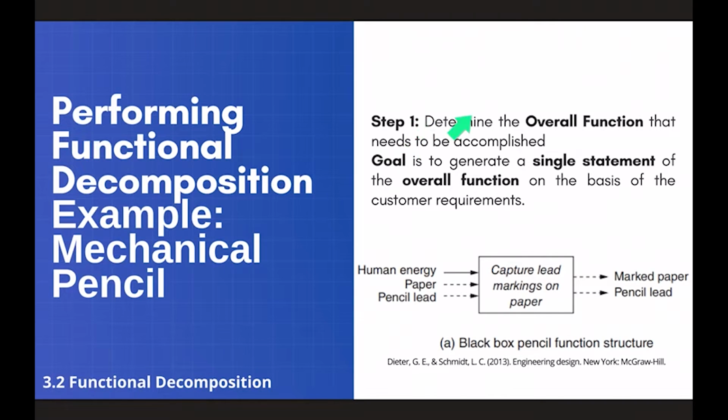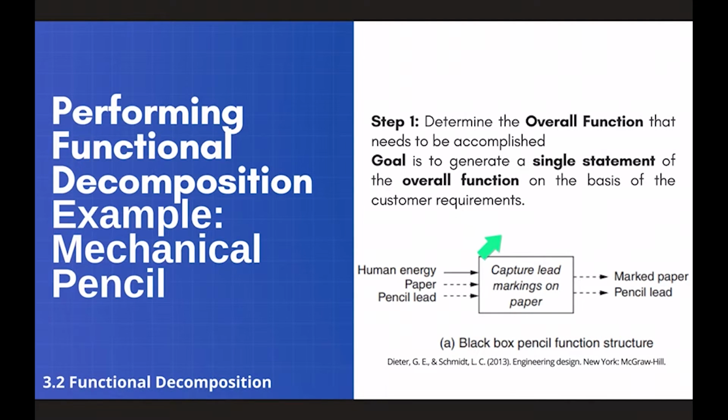Step 1, determine the overall function that needs to be accomplished. The goal is to generate a single statement of the overall function on the basis of the customer requirement. So, for the mechanical pencil, the overall function is to capture lead markings on paper.